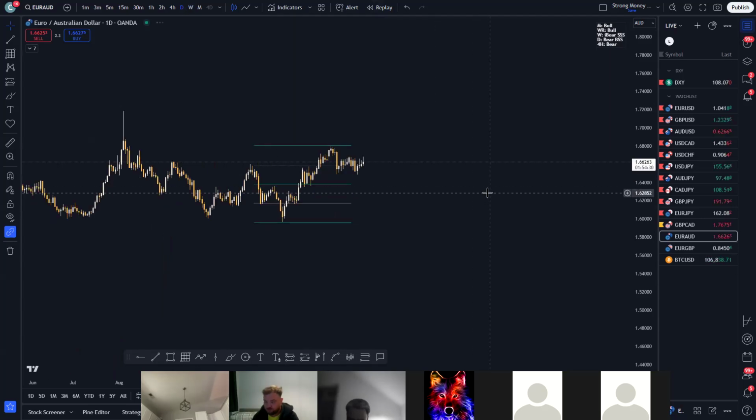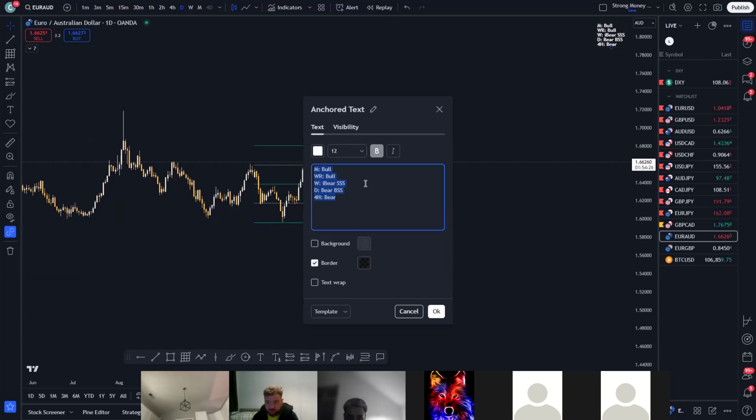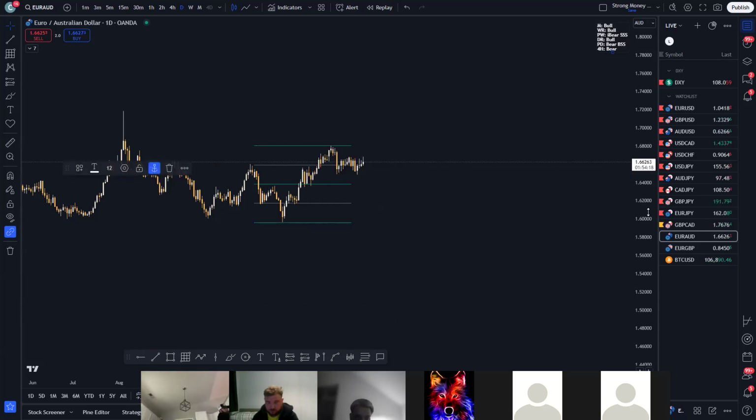Weekly range, daily range, bullish. Daily range, bullish. Inside bear with a sell side sweep. That's bullish.